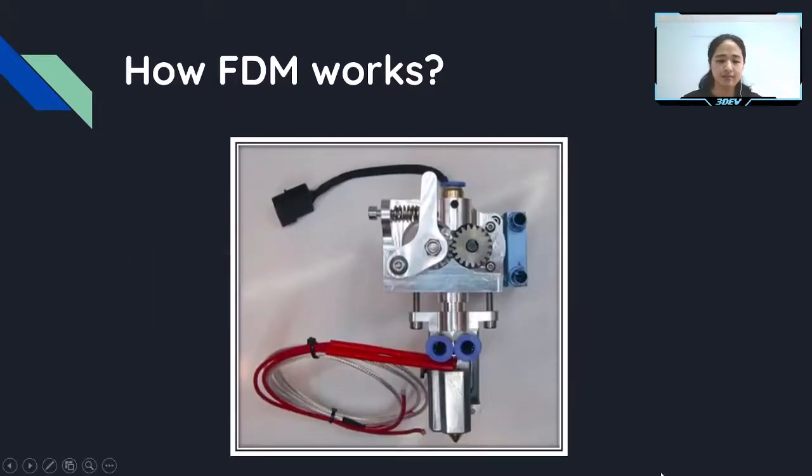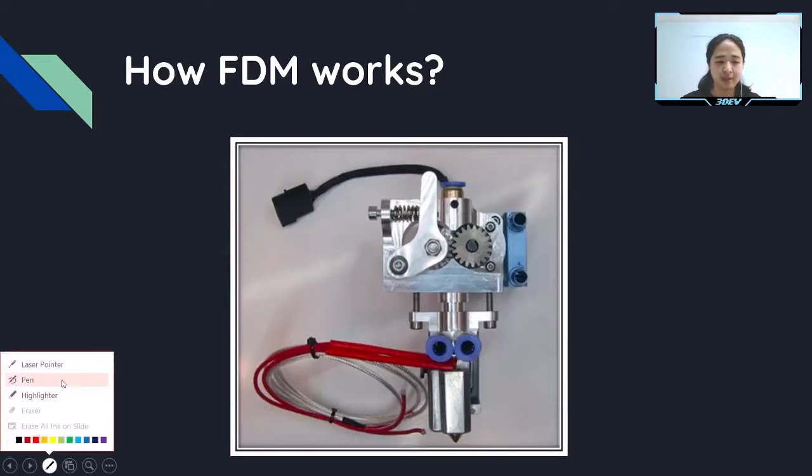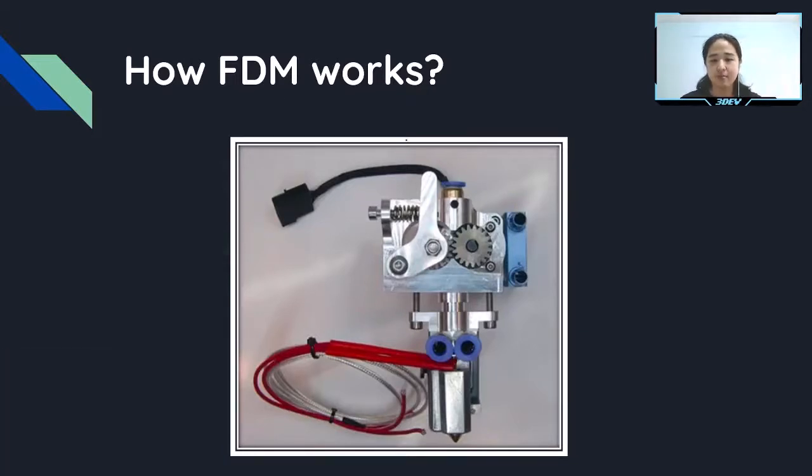So basically, let me get my pen. Your filament will be pushed into here, and it will go down to here. Over here you will have a heater and a sensor. This sensor is the thermal sensor.